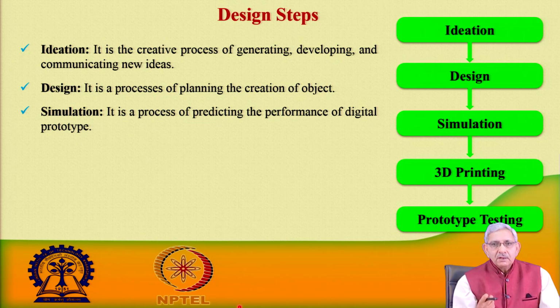And in the commercial dripper, whatever problems exist in terms of the water coming out of the dripper, the operating pressure, the clogging of the dripper, can we simplify? That is the ideation, and that idea should be brought in terms of design. It is the process of planning the creation of the object, that is the design part.